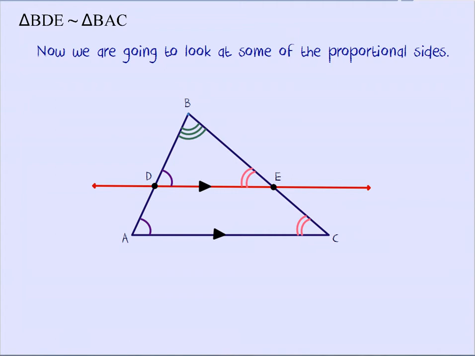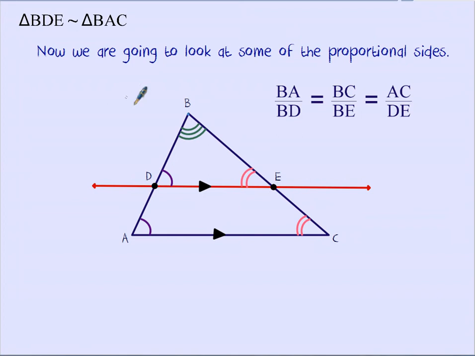Now we're going to take a look at some of the proportional sides for our similar triangles. So for my two triangles, I can say that BA and BD are corresponding sides, so BA over BD, large over small, and BC and BE are corresponding sides, so BC over BE creates that same proportion, right?